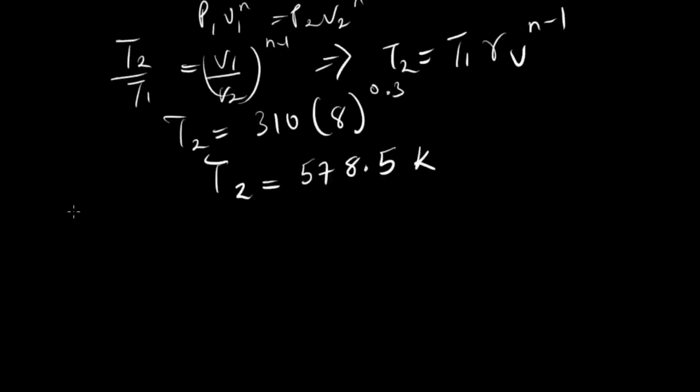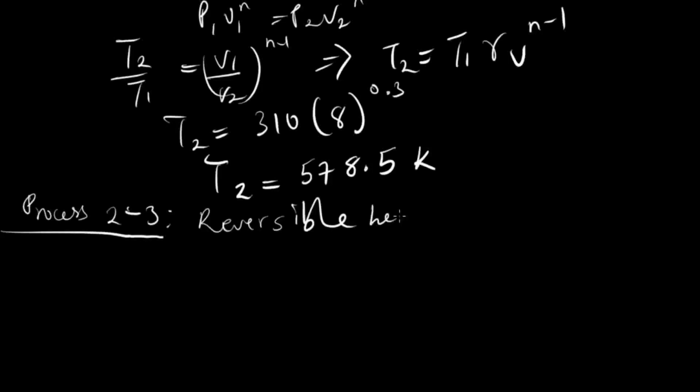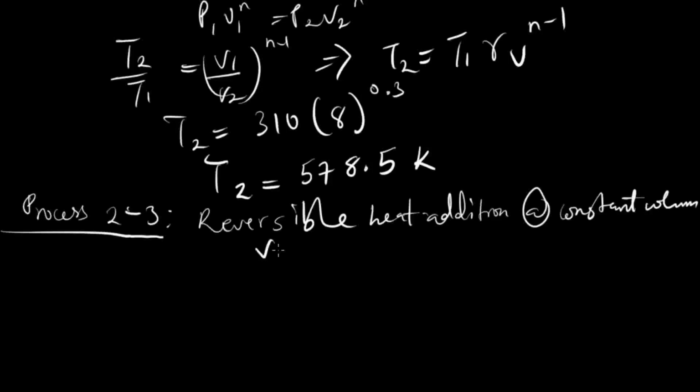So the next process is process 2-3. Reversible heat addition at constant volume, meaning V2 is equal to V3 at this process.